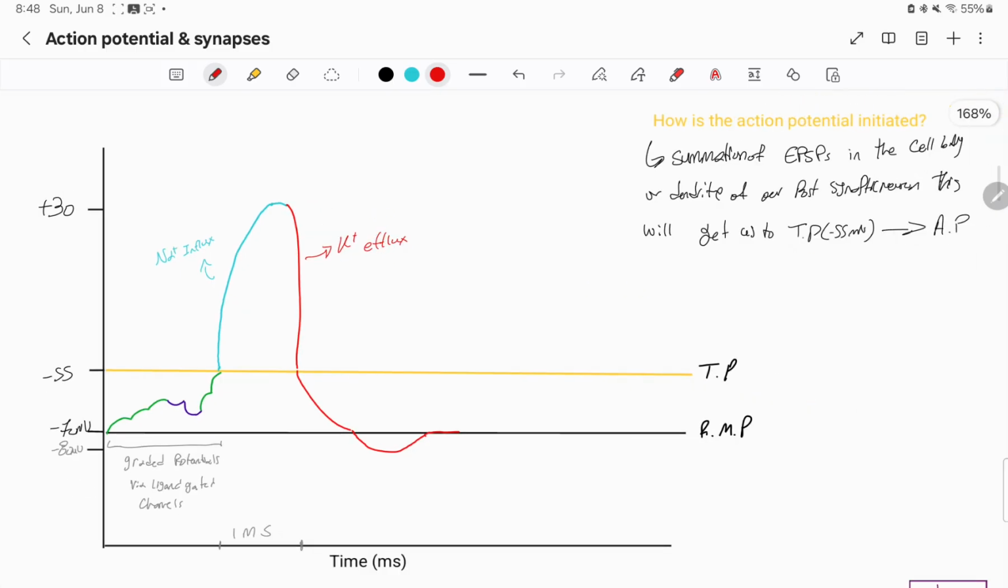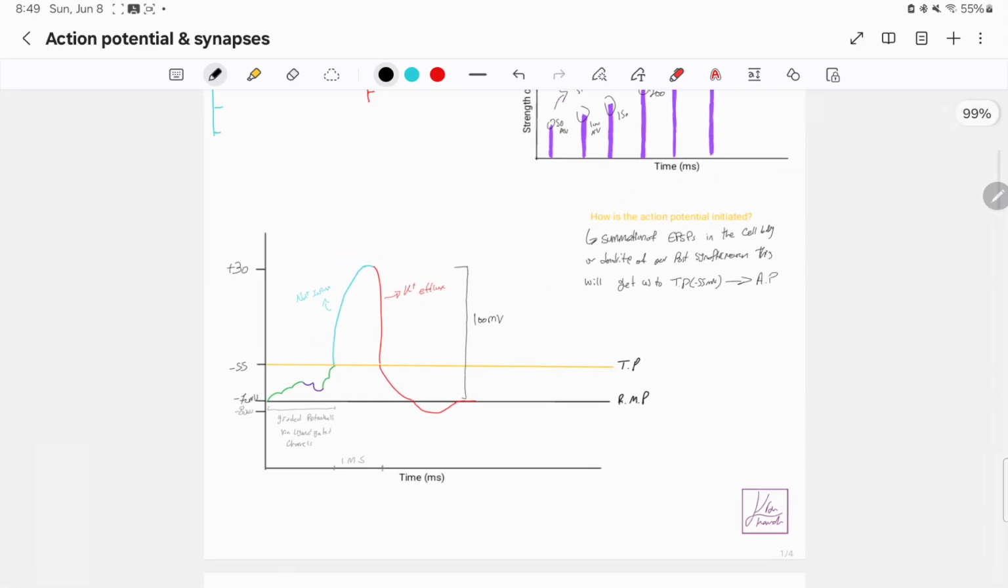Alrighty. Amazing. Now, remember, this entire thing is the action potential. And if you were to draw a line from here all the way to here, negative 70 all the way to positive 30, you would realize that this is the 100 millivolt amplitude that we talked about.